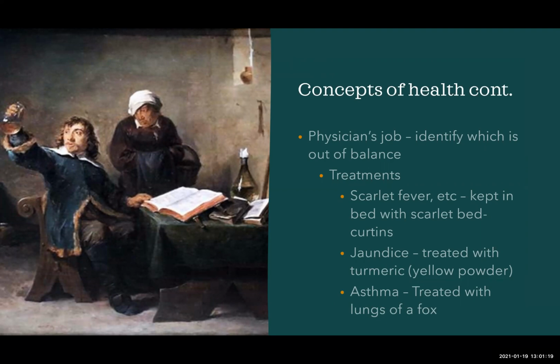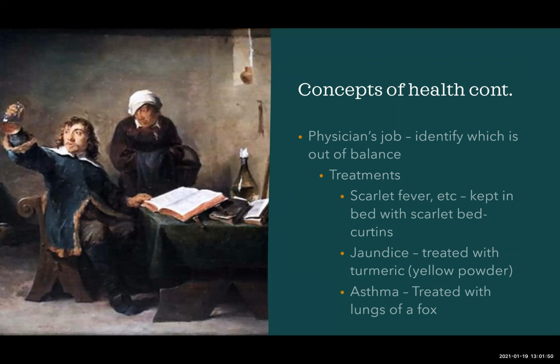So there were different treatments, and some of them are interesting. For scarlet fever, people would be kept enclosed in a bed with scarlet bed curtains. And really, with scarlet fever comes a migraine. So you can see how maybe being enclosed, I don't know why scarlet, but the curtains had to be scarlet, but that was the thing.